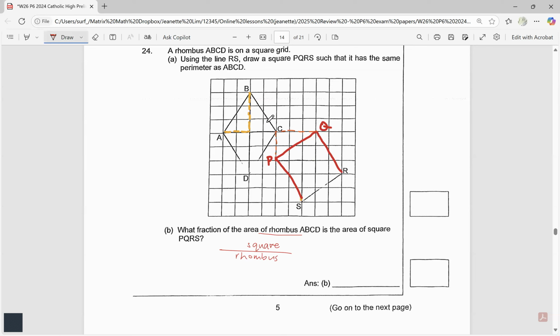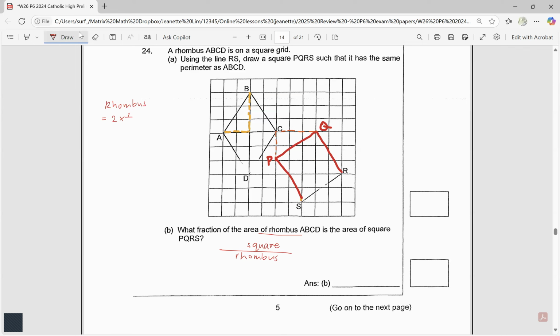For the rhombus, it's made out of two triangles. The top triangle and bottom triangle have the same area. So we take 2 times half times base times height.